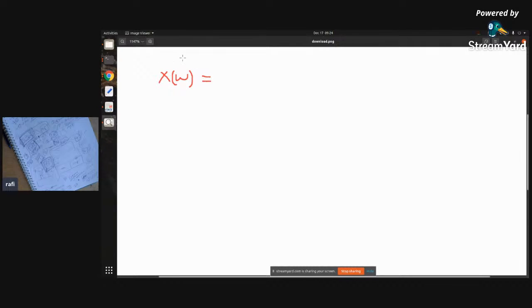I'm not writing e power j omega, I'm just writing omega, which means it is e power j omega only. So summation n is equal to minus infinity to infinity, x of n e power minus j omega n.